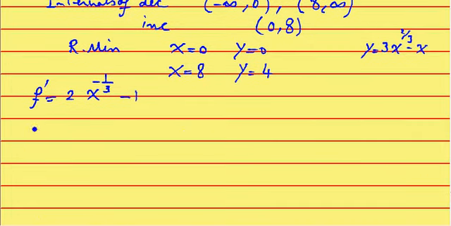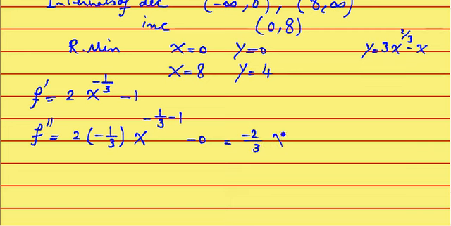How about f double prime? 2 was a factor, exponent was minus 1/3 x. I have to go minus 1/3, still go down one more level. Derivative of minus 1 is just 0. Combining these things is minus 2/3, x to power of minus 4/3, or minus 2 over 3 times cube root of x to power of 4.